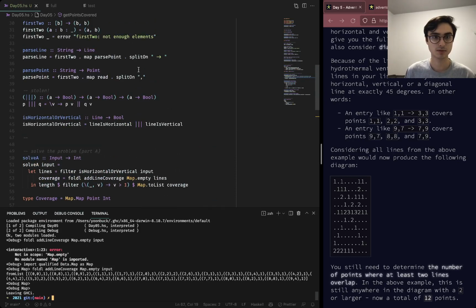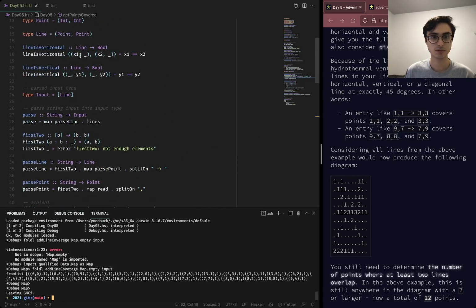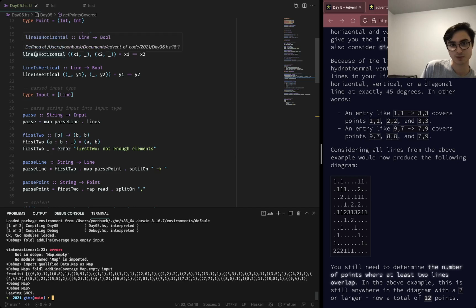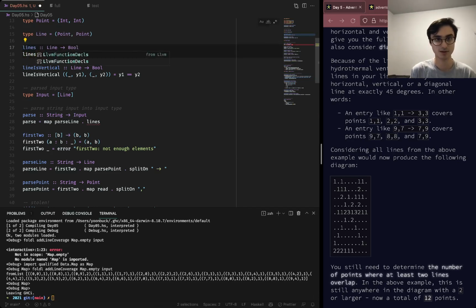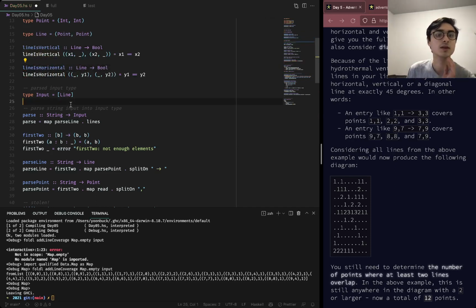Well, maybe I... No, this is my fault for getting these wrong. These aren't vertical. It's horizontal, right?